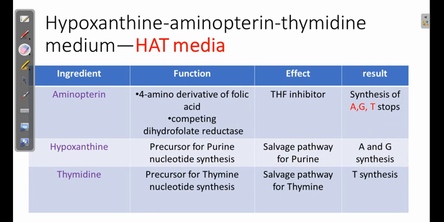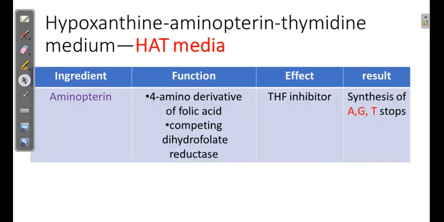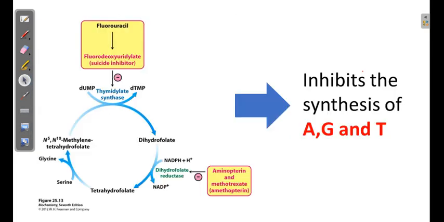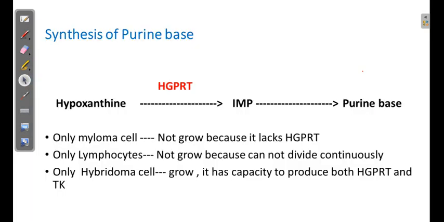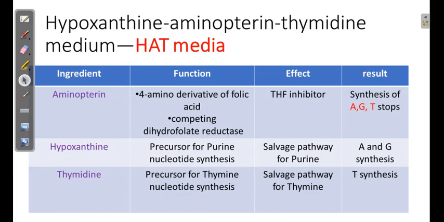So what happens when you use HAT medium? Aminopterin competes with dihydrofolate reductase, and this reaction is not completed, and that is why synthesis of adenine, guanine and thymine is reduced. So obviously, to have the salvage pathway, the spleen cell, the beta cell, has HGPRT.